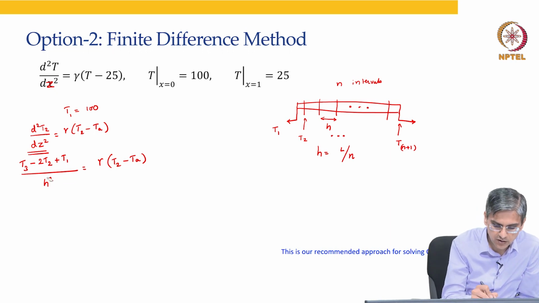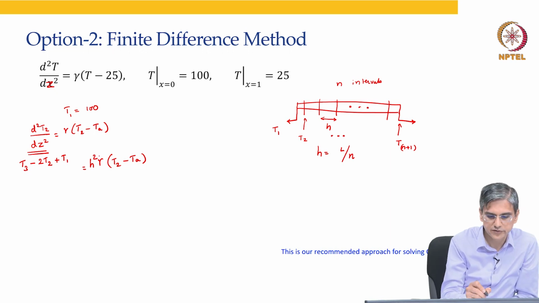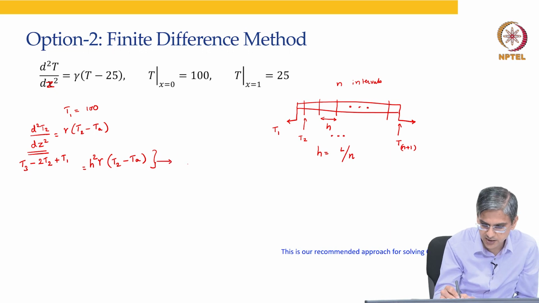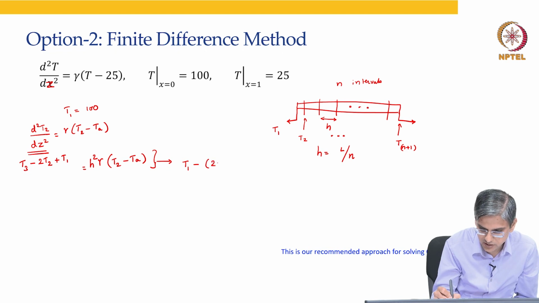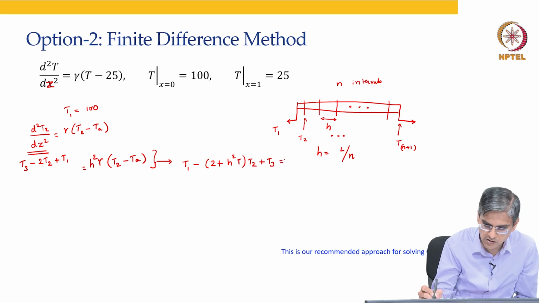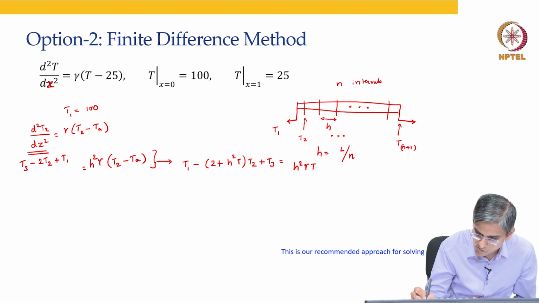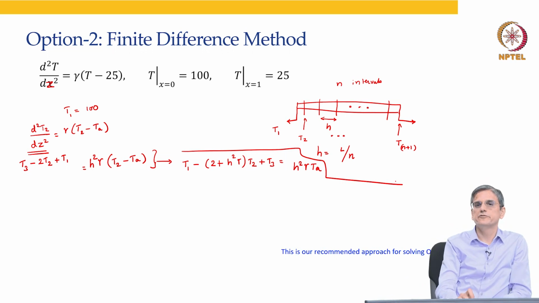If we take h square onto this side, this is what we are going to get. Okay. So, we can rearrange this as T1 minus, and this is what we are going to get.